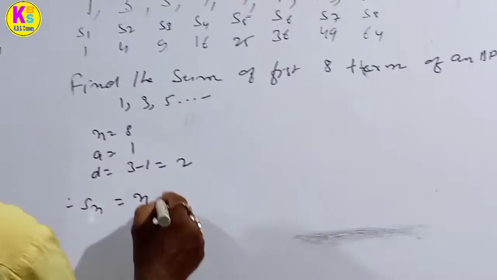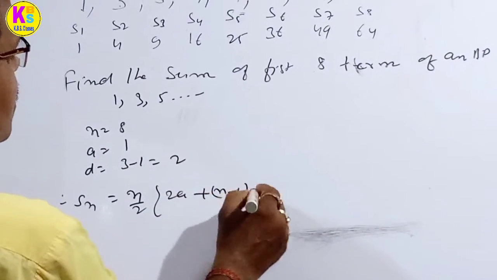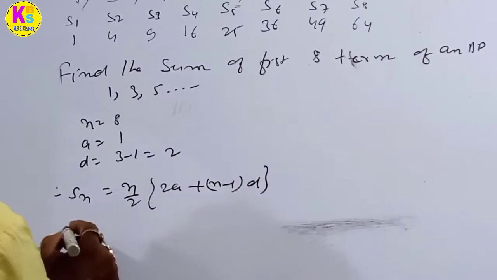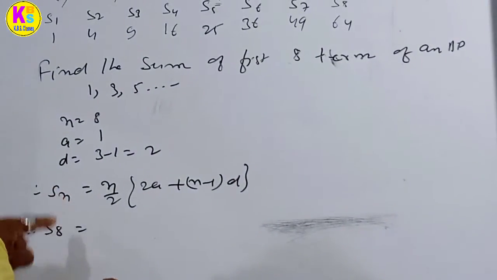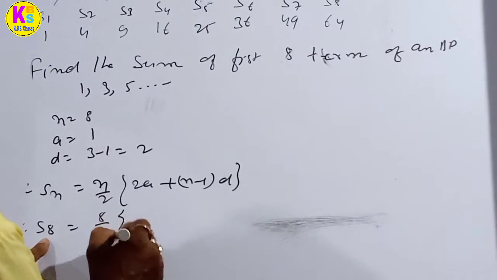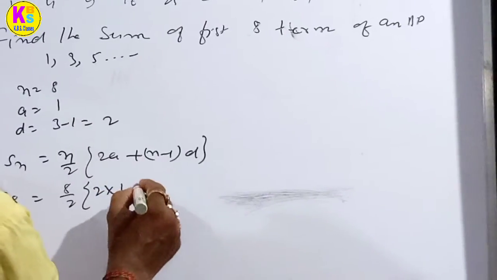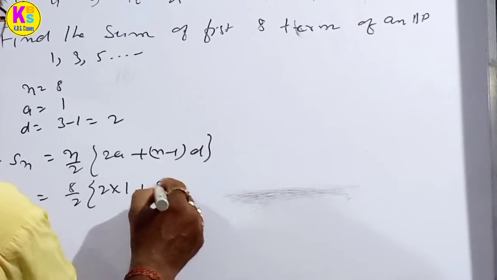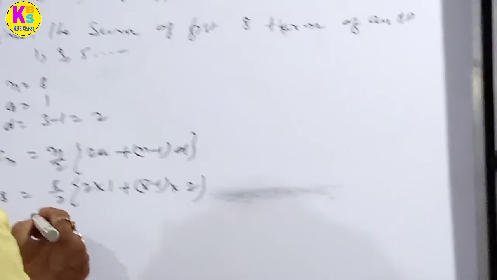Sn is equal to n by 2 in bracket 2a plus n minus 1 into d. Therefore S8 is equal to, in place of n we are taking 8. Therefore here 8 by 2, 2 into a is 1, plus n is 8 minus 1, and d is 2.